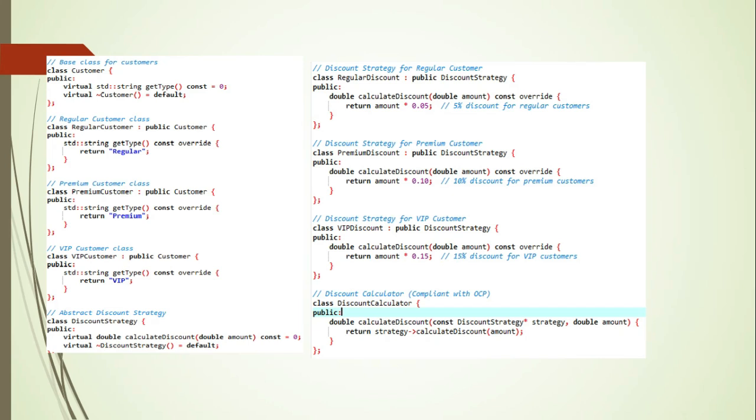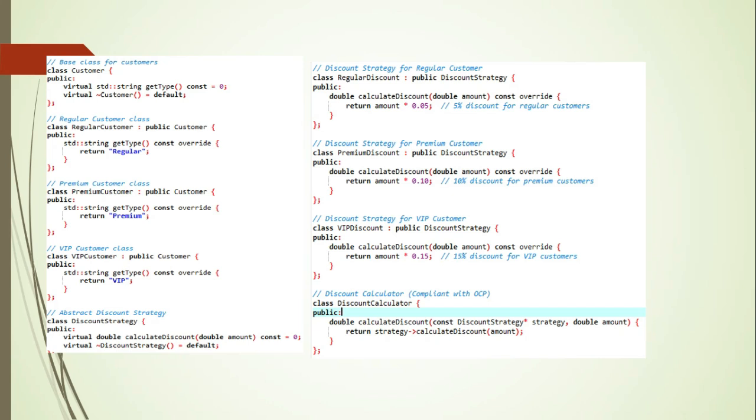New discount strategies can be added easily by simply creating new classes that inherit from discount strategy and implement the calculate discount method. For example, if you wanted to add a student discount, you could create a student discount class that implements it. So you can add another student discount class easily.